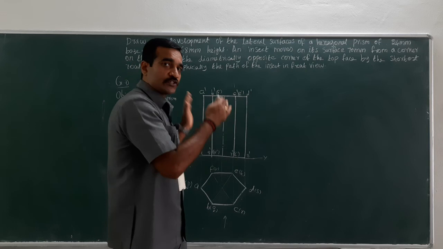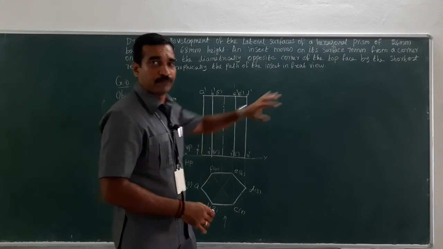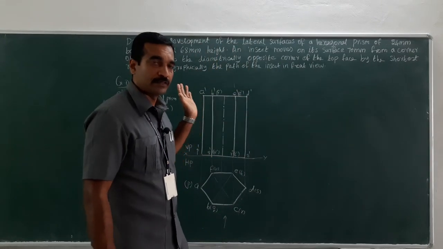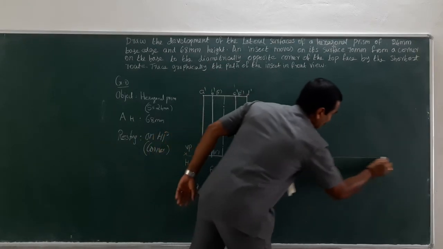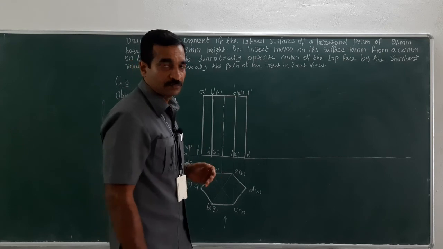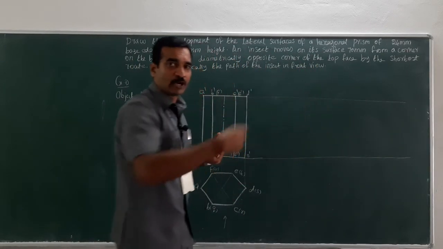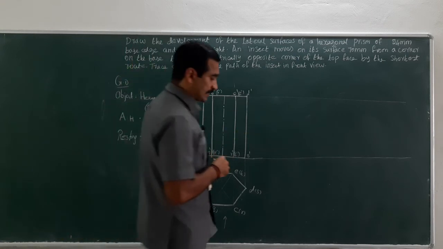As far as a string problem is concerned, the points need to be transferred from the development of lateral surfaces to the front view. So here I need to extend this line in order to draw the development of the hexagonal prism. What would be the length of the development of the lateral surfaces? It would be the perimeter of the hexagon, isn't it?